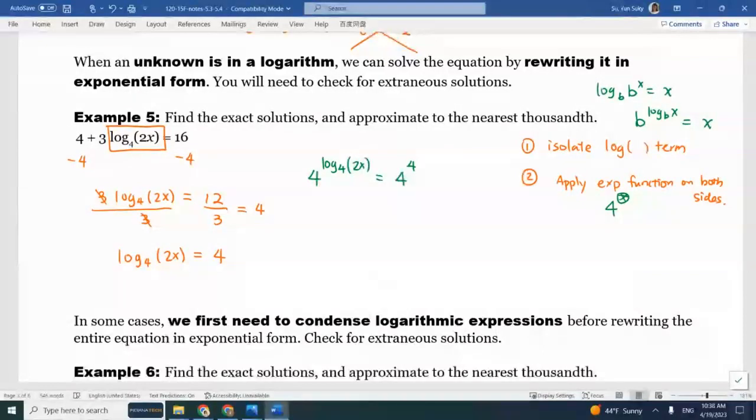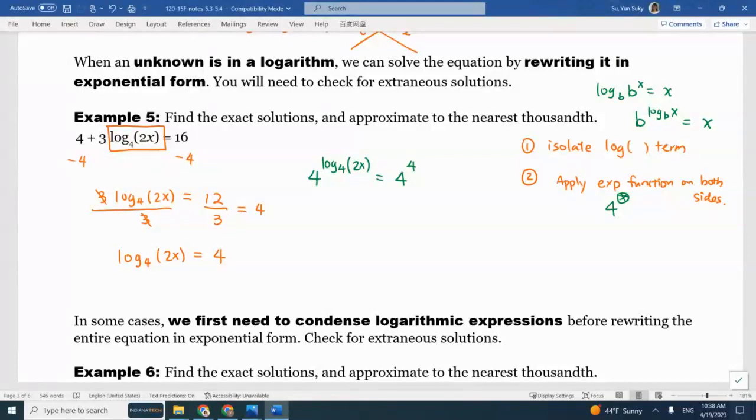Is that okay, everybody? We apply the exponential function, base 4, on both sides. 4 to the log base 4 of 2x equals 2x, right? Because they are inverse functions, they can cancel.